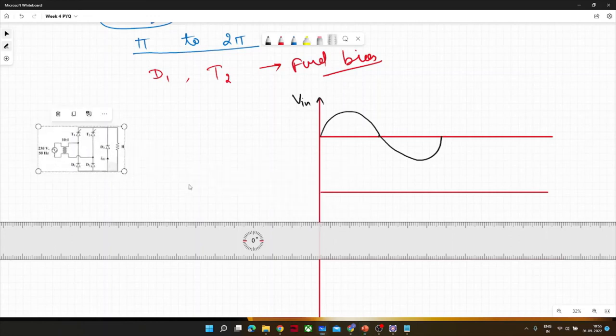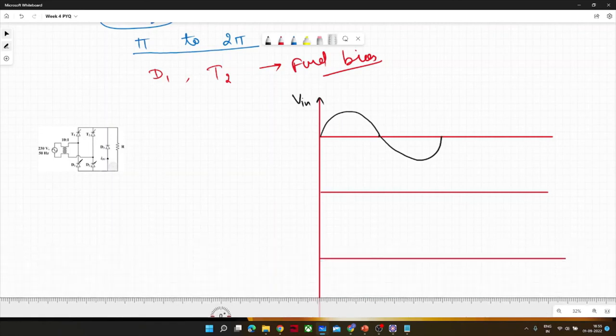So let's see the case of full bridge rectifier. Okay, full bridge rectifier. This is V in.